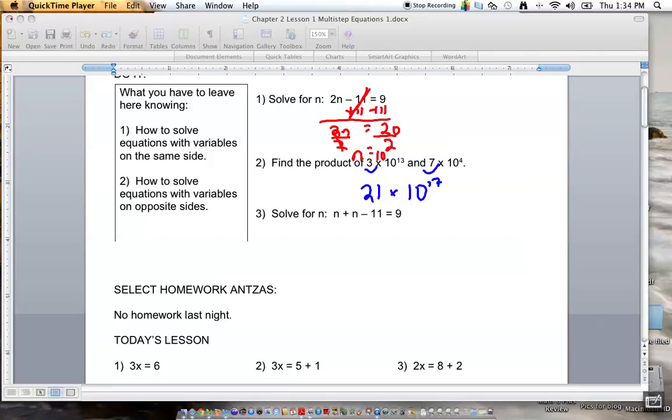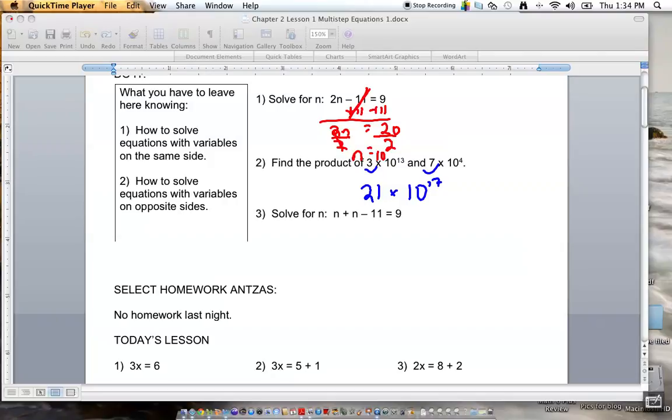You can turn and go, multiply coefficients, add exponents. It heightens the experience to look at them and go, multiply those coefficients, add those exponents.